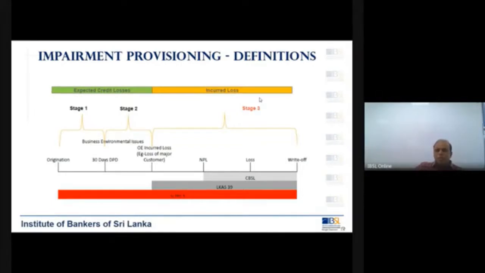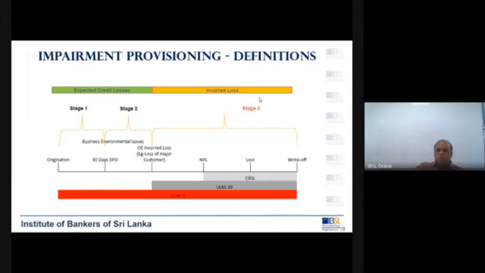Okay, so look at the life of the loan now. Origination means you have given the loan. From that date, there is a commitment on the side of the borrower to pay this loan as agreed, right?